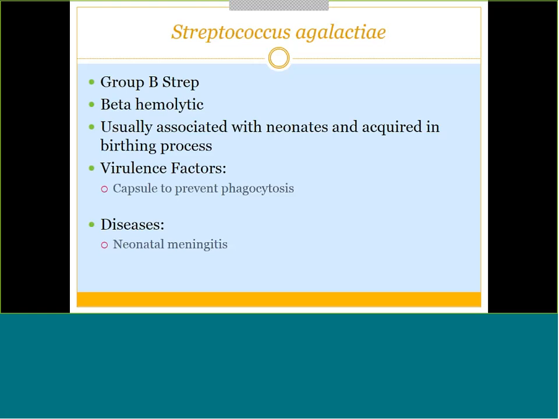That's why as standard protocol in every pregnancy, they screen every woman to see if she's a carrier of Group B strep so that they can give antibiotics and get rid of it before she goes in to give birth. So that's the main disease that you have to remember, Strep agalactiae. Of course, there might be a few other things out there, but this is the only one that I need for you to remember. So the way that I like to remember it is Group B for baby, all about the baby on this one.